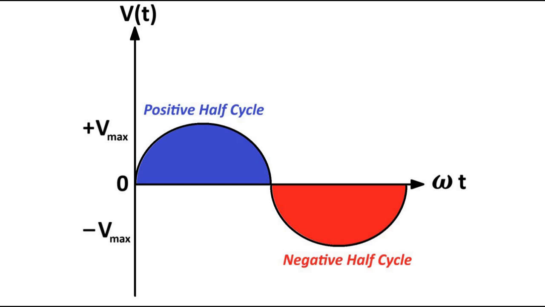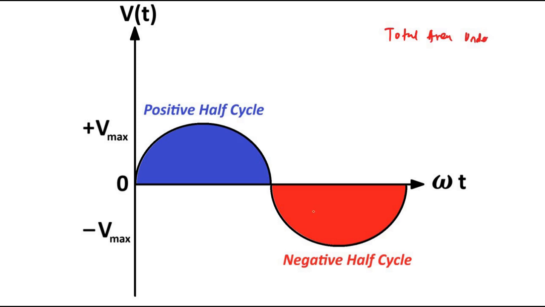So for computation of such a value, we take the total area under the curve, the total area under the waveform, and divide it by the base length, the time period length.